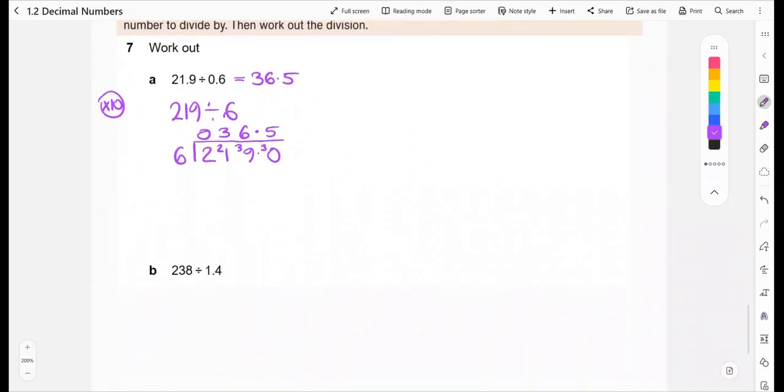We can try that again with this one. I've got 238 divided by 1.4. Again, multiply both numbers by a power of 10. That means I'm dividing by a whole number. Well, I can just times both sides by 10. So I have 2,380 divided by 14.